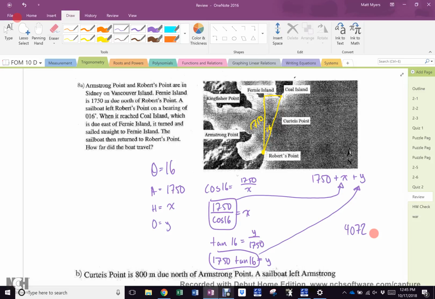I did Pythagoras. With the cos part, I got 1,820. And then what I did is 1,820 squared minus 1,750 squared, then square root the answer, and got 50. And so my x was 50.